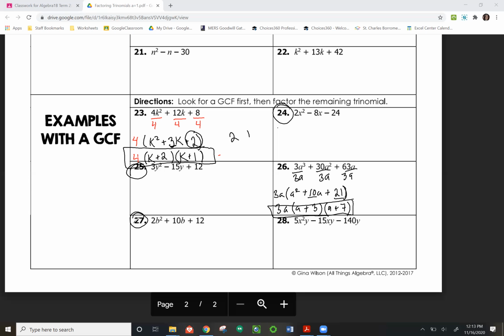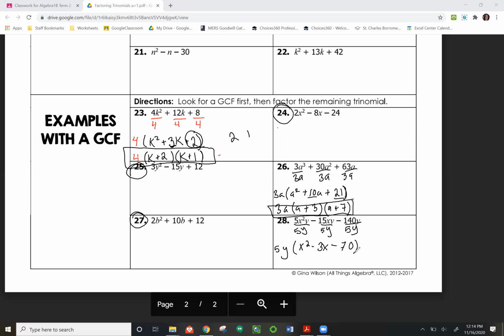Okay, 28, this one's looking a little tricky. I see X's and Y's. I do notice that they all have a Y. I can also factor out a 5 of all those coefficients. So I'll factor out a 5Y from all of those. Okay, so factoring out that 5Y, what will I have left? I'll have an X squared minus 3X minus, well, 140 divided by 5 gives me 70.